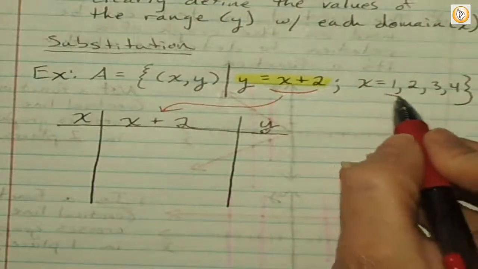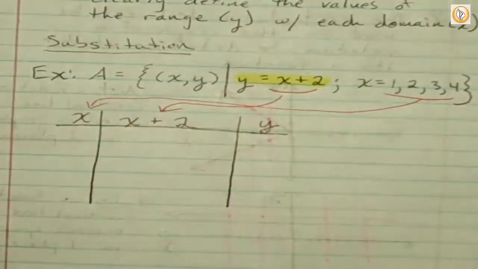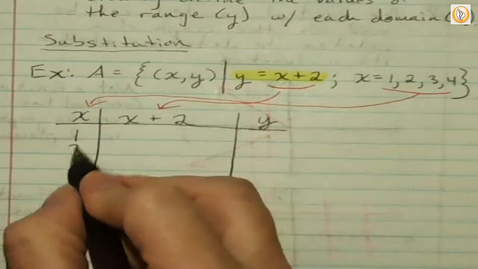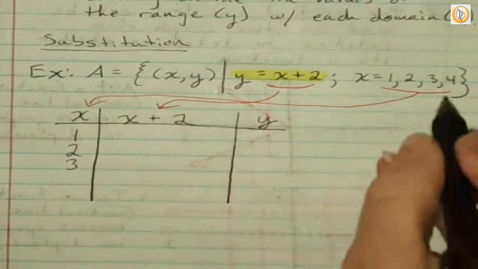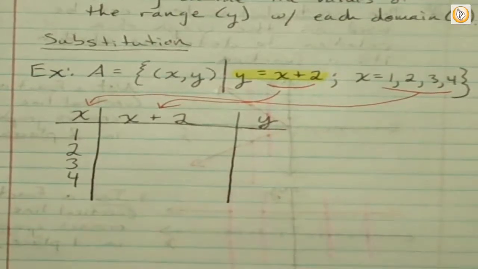And you're going to put all these X's in here. Our first one's 1, second one's 2, 3, and 4. And then we're going to start substituting. So go ahead and copy that down, and then we will substitute, because we're basically looking for our ordered pairs, our ranges.